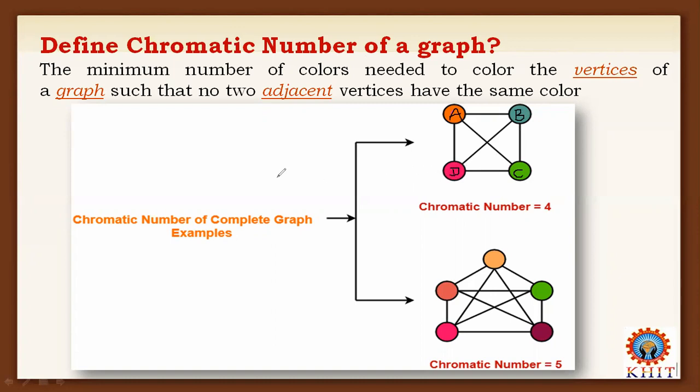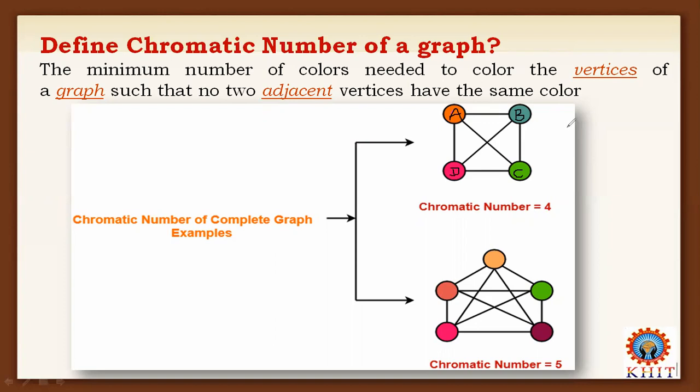You need to color each vertex by satisfying the condition that no two adjacent vertices should have the same color. And finally, you can minimize the number of colors used to color the given graph.